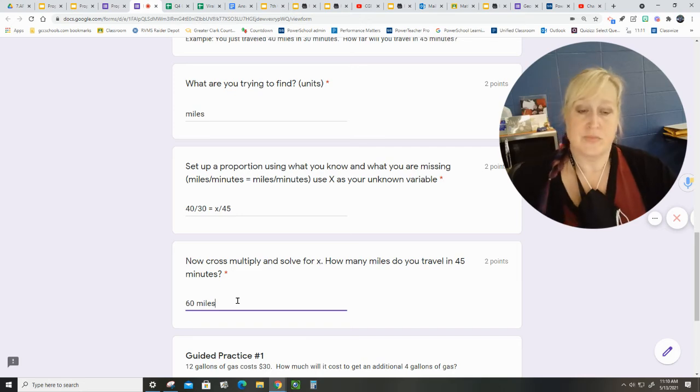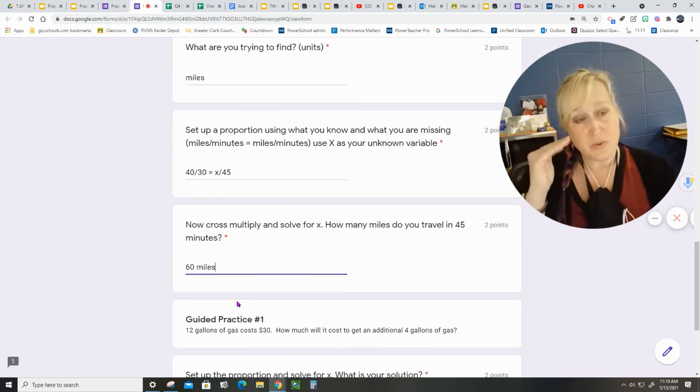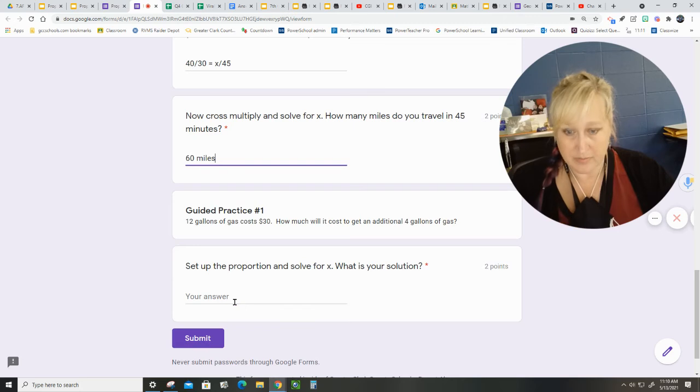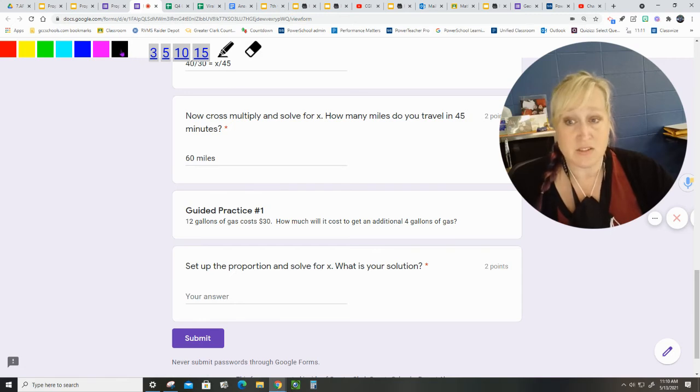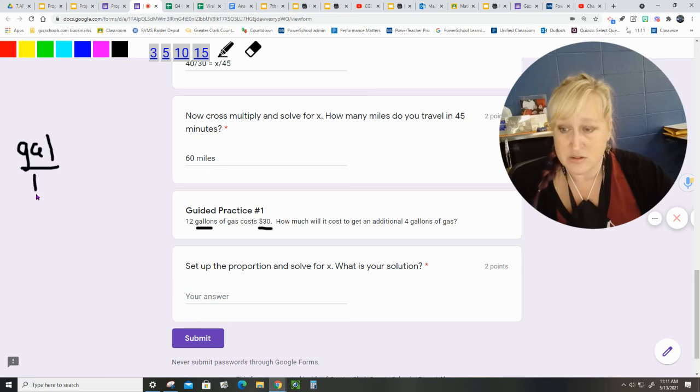Good to go. Now, since we broke it down last time, this time it's skipping the break it down, and we are simply going to set it up. What two units do we have? We have gallons and money. Okay, so we have gallons for dollars. And it tells me 12 gallons for $30.